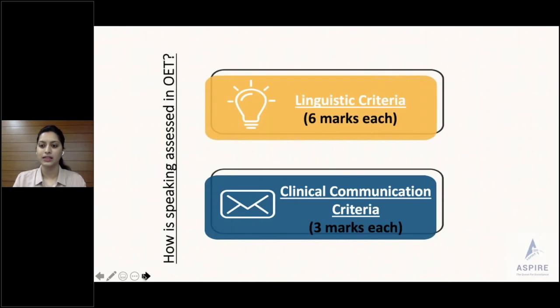So how is speaking assessed in OET? There are 2 major criteria, the linguistic criteria and the clinical communication criteria. The linguistic criteria carries 6 marks each, and the clinical communication criteria carries 3 marks each. To get a B grade, it is usually advised that you get 5 out of 6 in linguistic and 2 out of 3 in the clinical communication criteria.